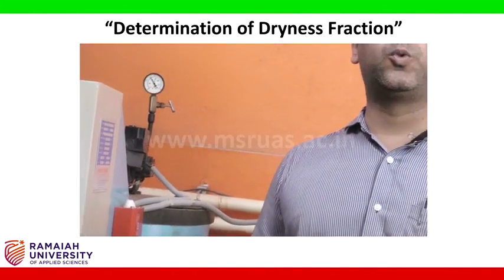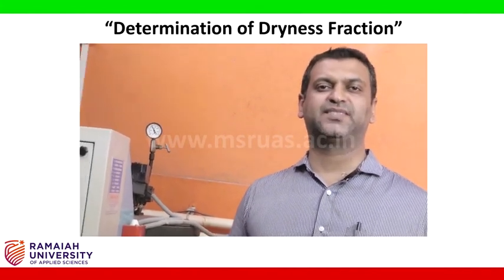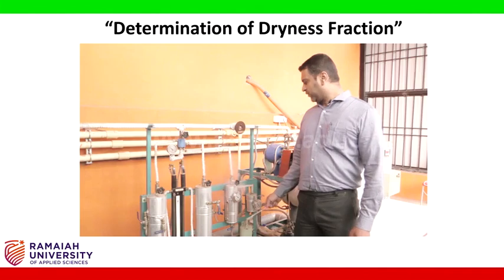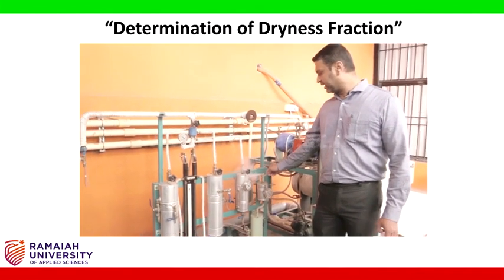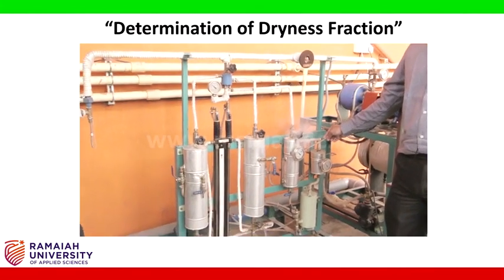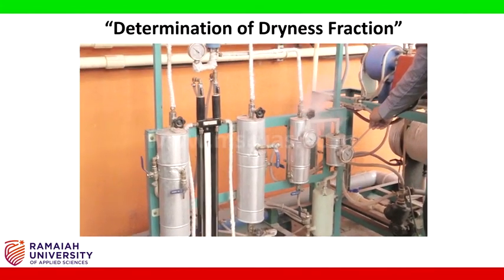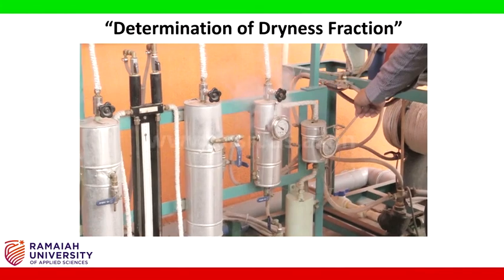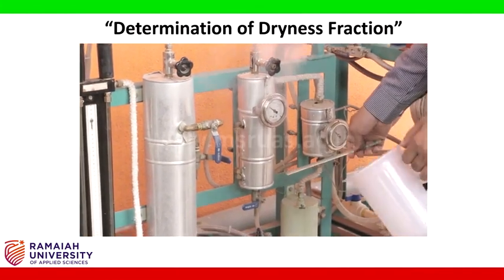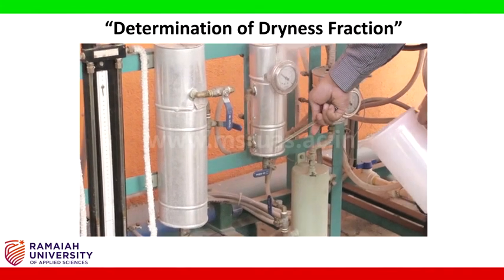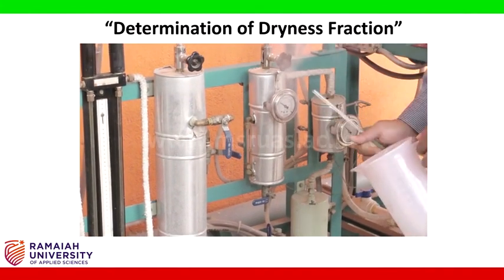Now let us move on to the dryness fraction experiment. For the dryness fraction experiment, we are going to find out the pressure in the separating calorimeter, the pressure in the throttle calorimeter, and the corresponding temperatures, and we are going to measure the amount of water coming out from the separating calorimeter.